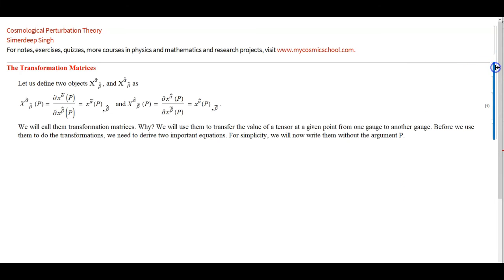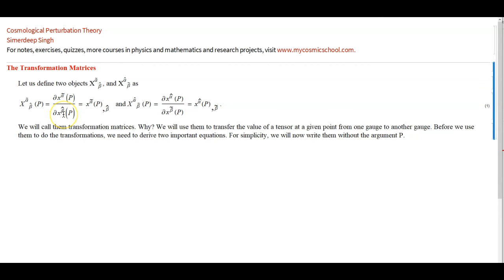So we have defined two important objects, x alpha tilde beta caret and x alpha caret beta tilde, and just as we saw, in simpler notation we can write them as x alpha tilde comma beta caret, x alpha caret comma beta tilde.